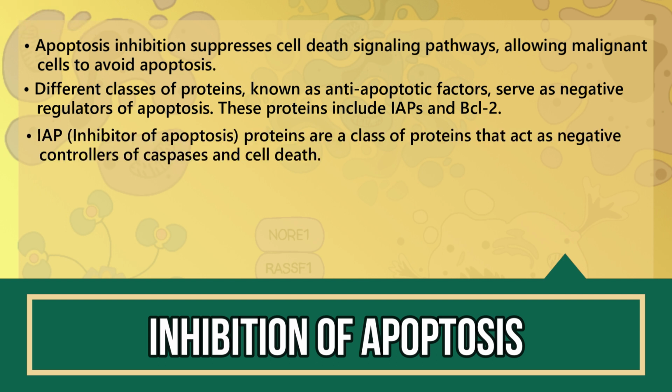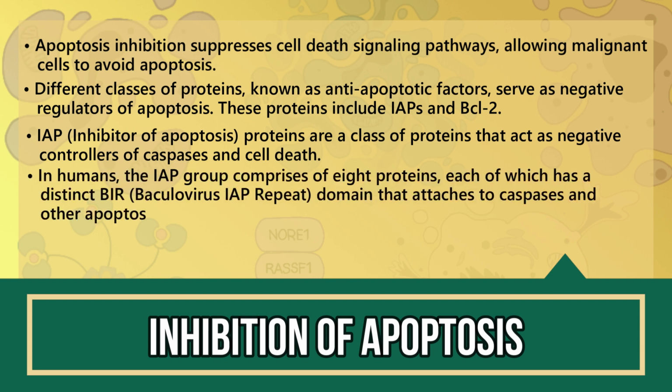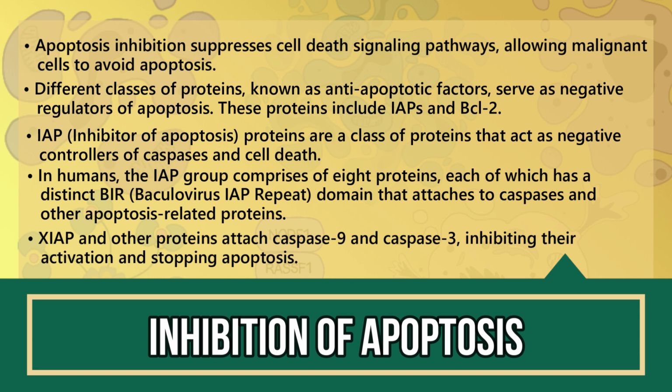IAP, inhibitor of apoptosis proteins, are a class of proteins that act as negative controllers of caspases and cell death. In humans, the IAP group comprises 8 proteins, each of which has a distinct BIR, baculovirus IAP repeat, domain that attaches to caspases and other apoptosis-related proteins.